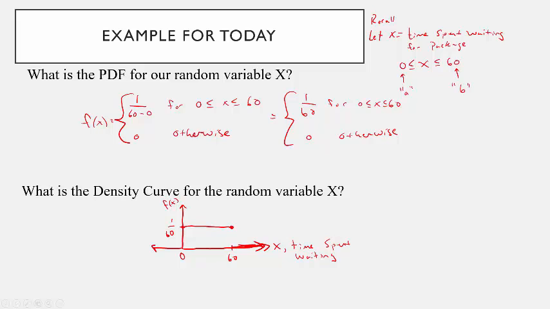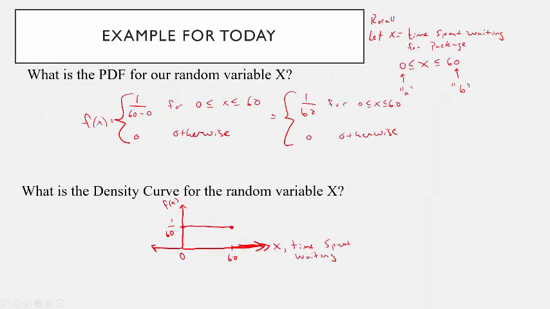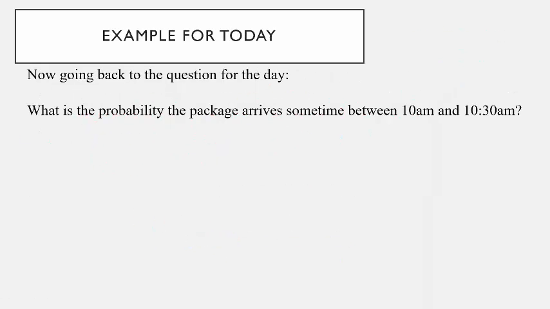Now remember, going back, the key concept here: area under the curve between two values is equal to the probability the random variable x falls between those two values. So the next question, going back to what we had: what is the probability the package arrives sometime between 10 and 10:30? That's the probability that you spend waiting between 0 and 30 minutes.